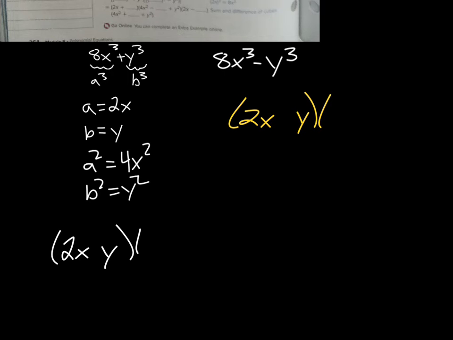Then we need an a squared. We need an a times b, so 2xy. And then we need a b squared for y squared. And again, we're actually already doing this one as well.